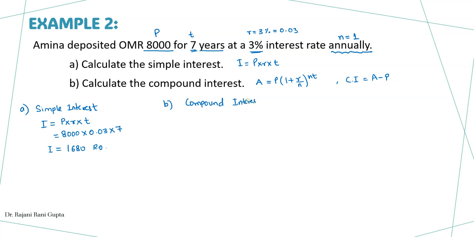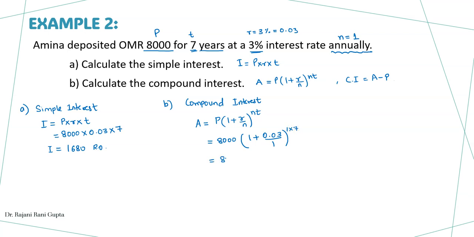Okay. Now let's find the compound interest. So for that, let's first find the amount, which is P times (1 plus R over N) to the power NT. It's always better to write the formula first. That will reduce the chances of mistakes. 1 plus R is 0.03, times 1, and 1 times 7.